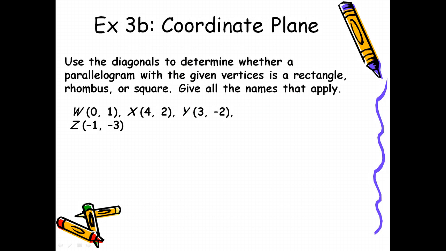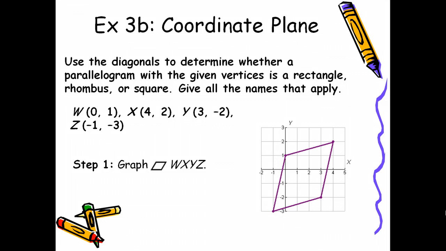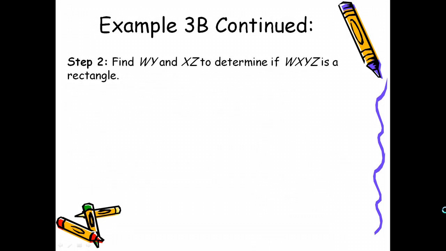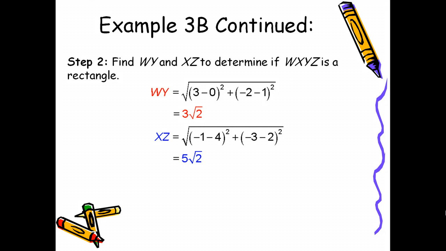Let's look at another one. First, we want to graph WXYZ, so we graph it. If we trust our eyes and just look at the graph, we can see that this is definitely not a square. Step 2, find WY and XZ to determine if WXYZ is a rectangle. WY is equal to 3 square roots of 2, and XZ is equal to 5 square roots of 2.